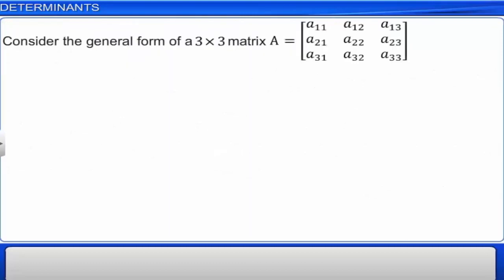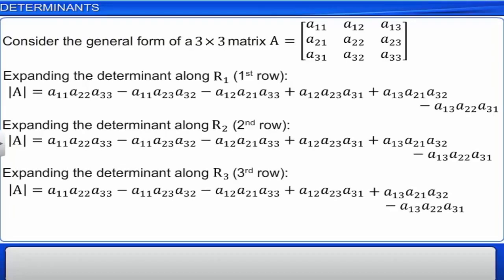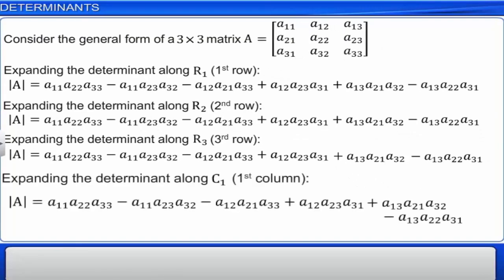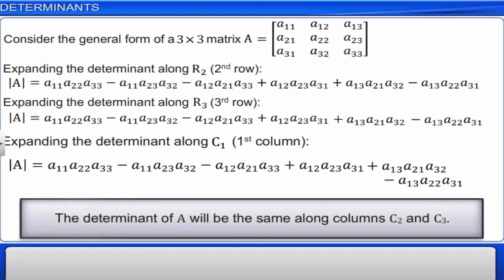Observe that the value of the determinant of matrix A yields the same result when evaluated along rows R1, R2, and R3, and along column C1. Similarly, the determinant of A will be the same along columns C2 and C3. In this way, the determinant of a square matrix can be found along the rows or along the columns.